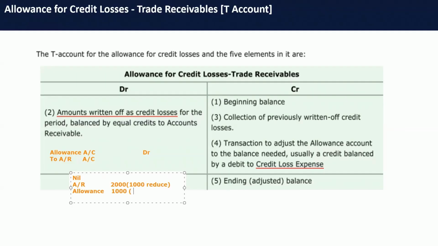This 1000 also you should reduce by 1000. What will be your net impact on accounts receivable? Look at this. So 1000 in your 2000 balance and in your allowance there will be no balance. So your net accounts receivable will be 1000 itself. There will be no impact. So that is why when write-off takes place, there will be no specific impact on your accounts receivable account. You can make a note of it and memorize it.